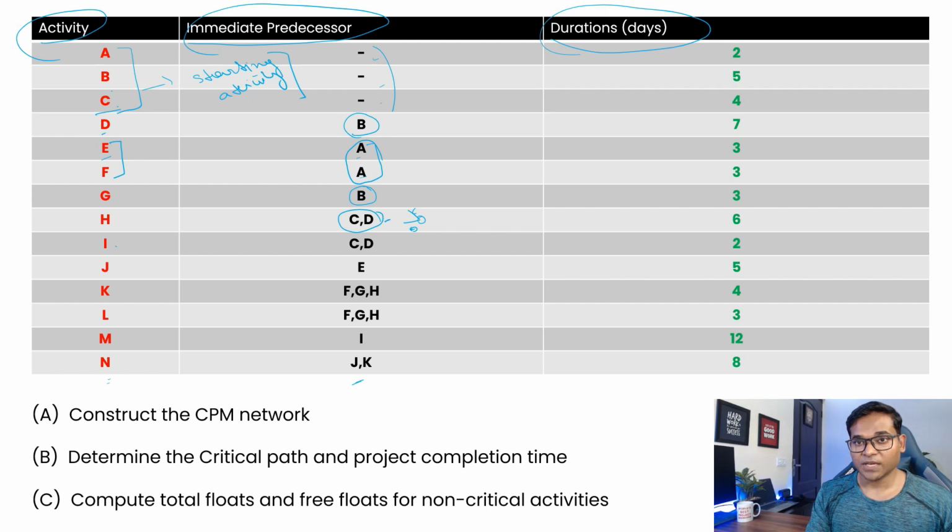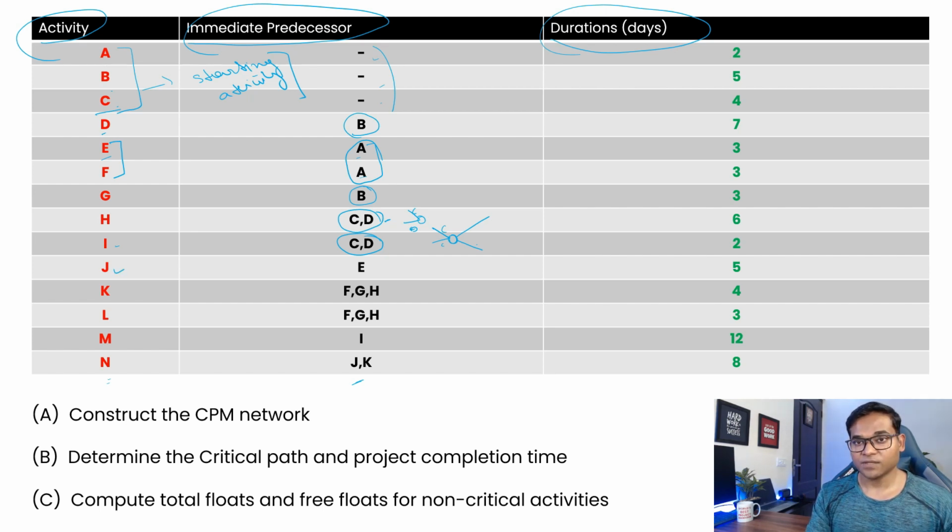Then activity I again is originating from C and D. So from activity C and D, which converge to this node, your H is going to start and I is also going to start. So in your network there has to be a converging point where C and D are finishing, and from that converging node your H and I are starting.